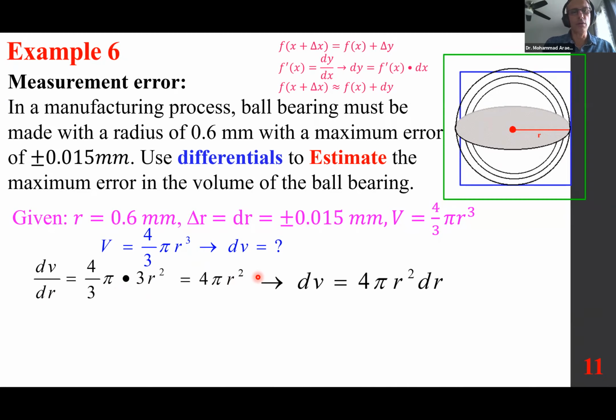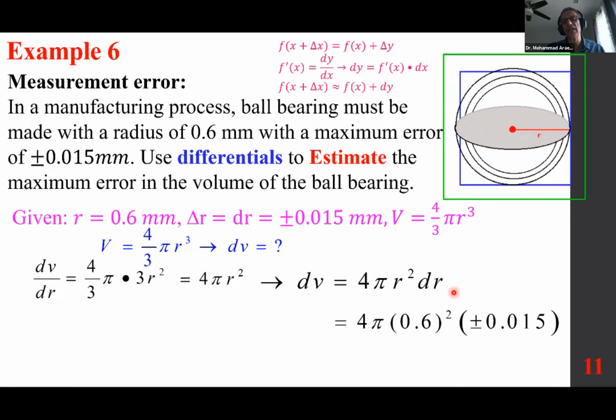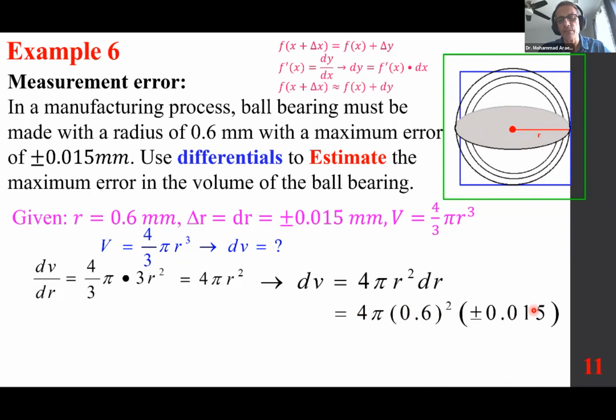Now, what is R? 0.6. What is dr? Plus minus 0.015. So you just do the math, plug it into a calculator at this point, class. 4 pi, replace the r, replace the dr, and you get dV, which is this much.